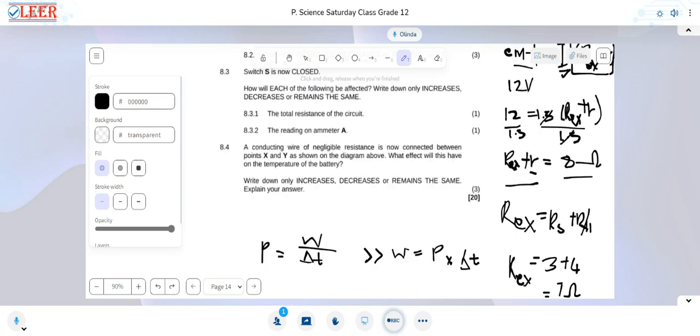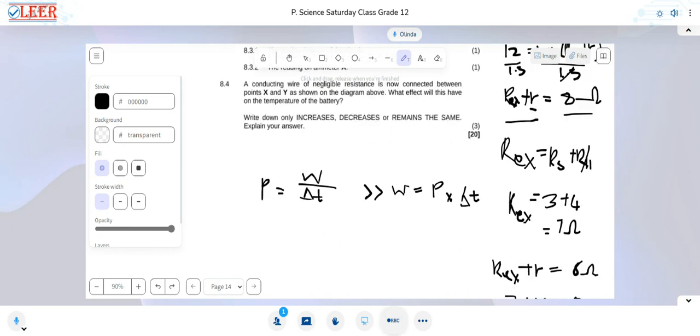To determine energy dissipated, we need to know the work. I really apologize, I was confusing the two. With energy dissipated, we're looking for work. So we know that work is equal to power times change of time.